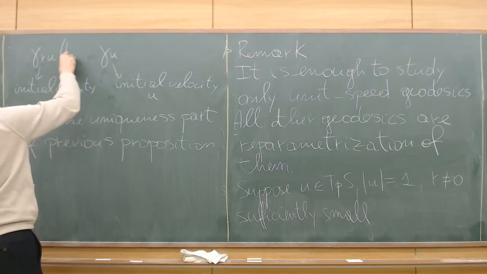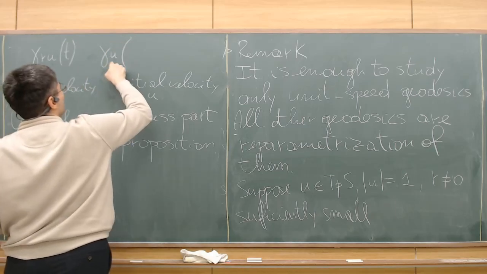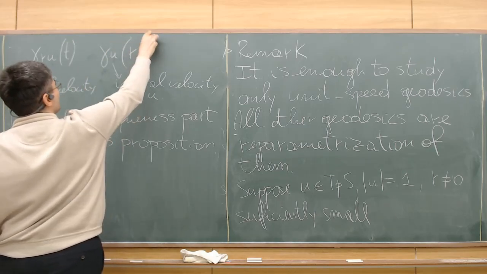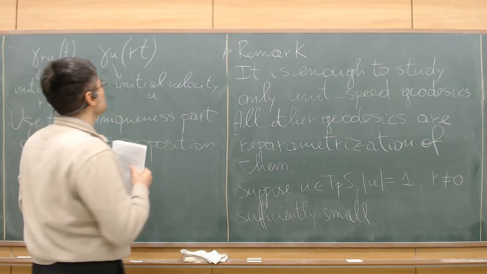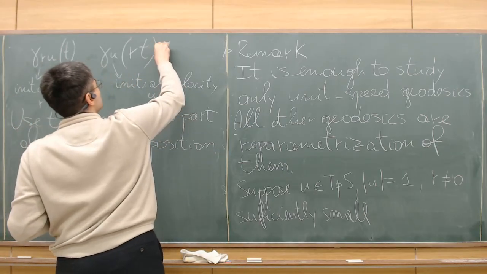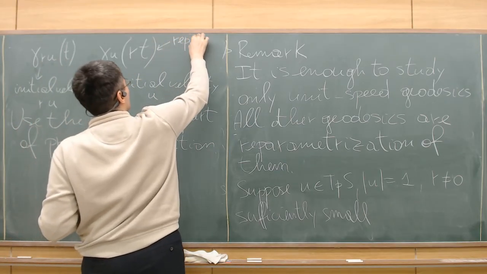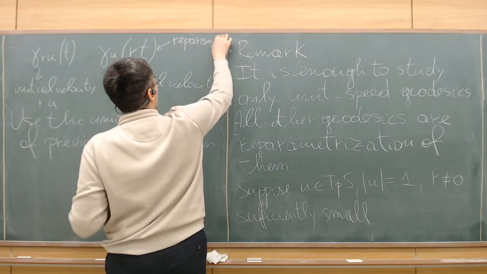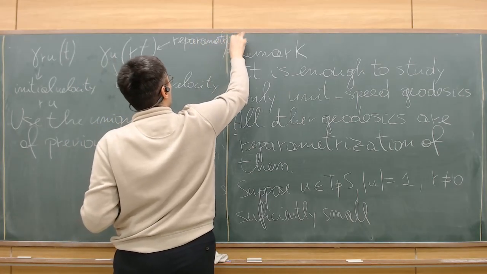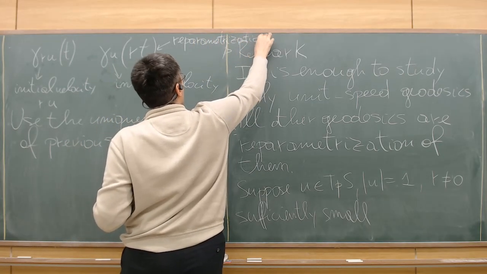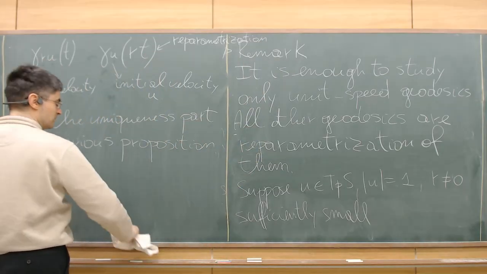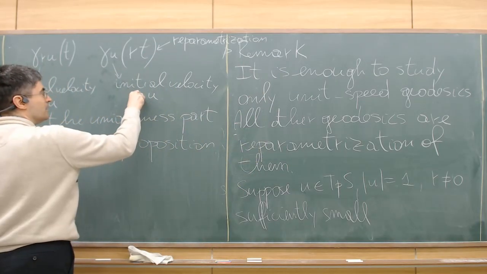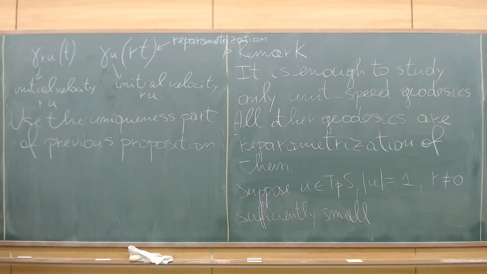Simple. Let's look at gamma U(rt). This is a reparameterization of gamma U. And now the initial velocity is RU, because there is an R here.